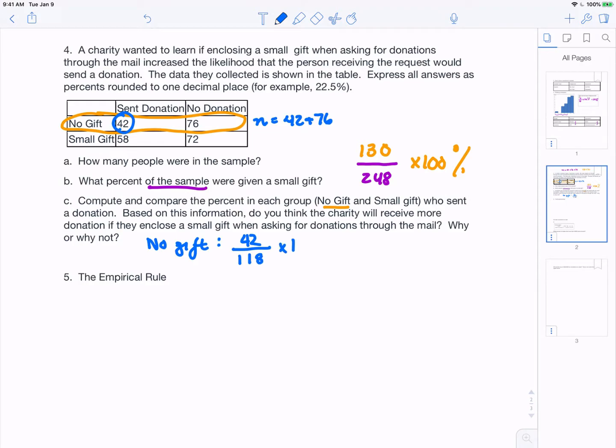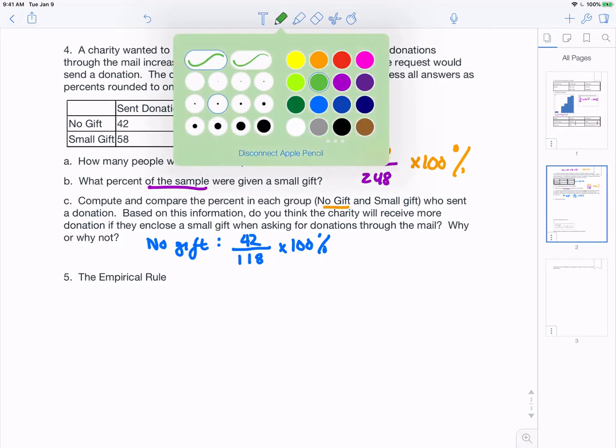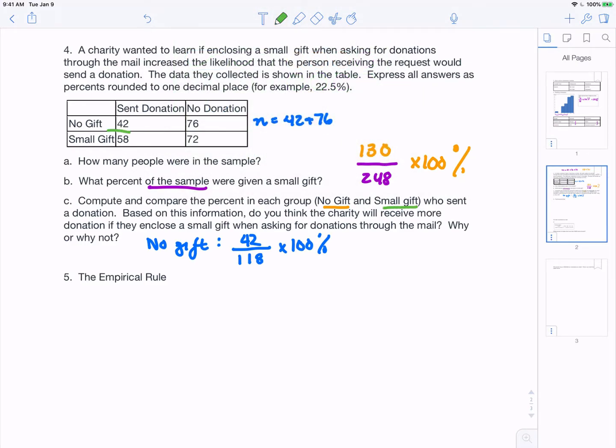And you would make that into a percentage. Then you would look at the second group, and the second group is the small gift group. So the small gift group would be this group right here.